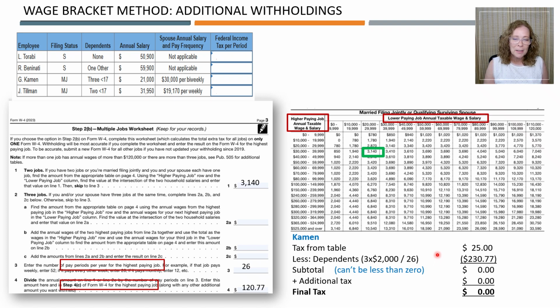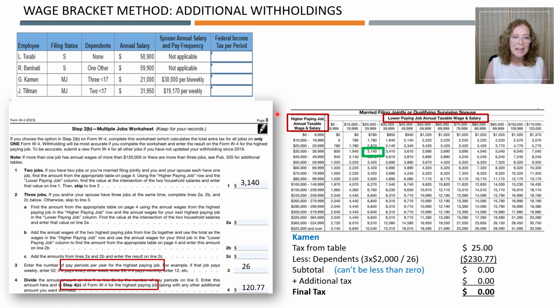We need to look up the additional taxes because the spouse has income, and we do that on Form W-4 on pages 3 and 4. To determine the additional tax, we start with page 3 of Form W-4 and enter the amount from the page 4 tax table. Make sure you're picking the table for the correct tax status.